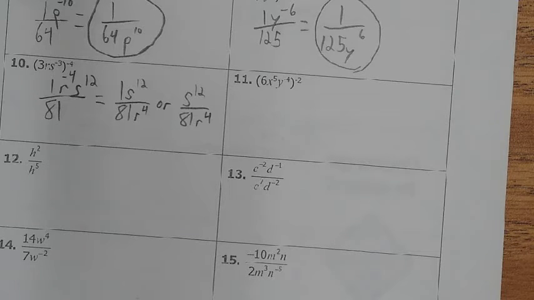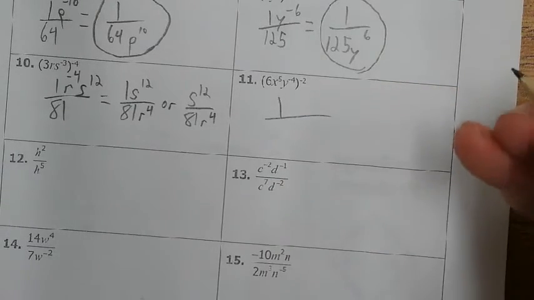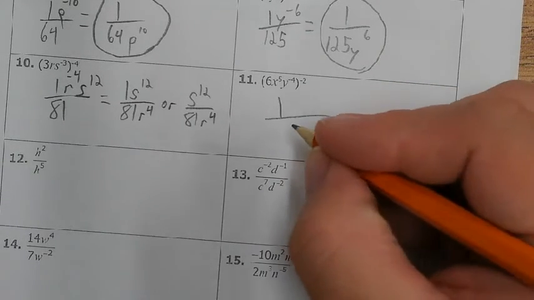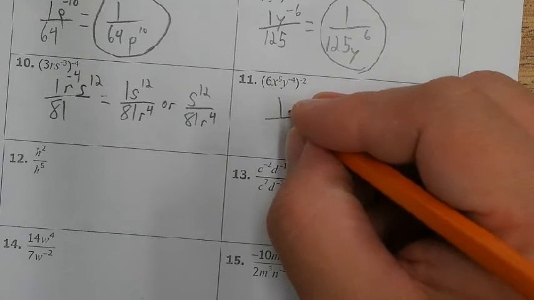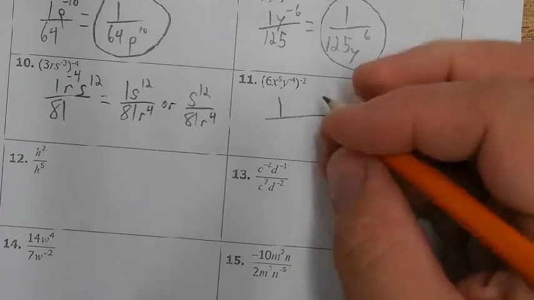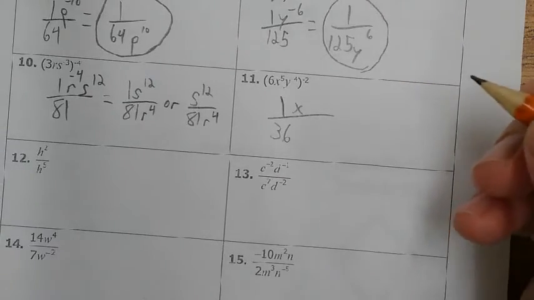All right, 11. Somebody give me a guess. What'd y'all get? The first part's going to be 1 over what? Y to the 8. Wait, what? Okay. So 1 over 6 to the negative second was what? 36. 1 over 36. Then our x, what did our x change to?